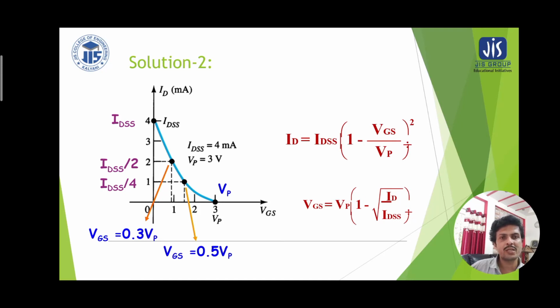The two equations given above are also shown here. In this way we can determine the type of the FET from the nature of the gate to source voltage, whether it is positive or negative. We can find whether the FET is a p-channel JFET or an n-channel JFET.